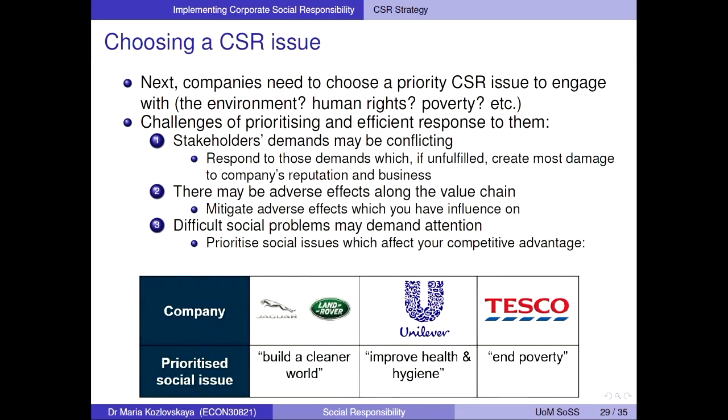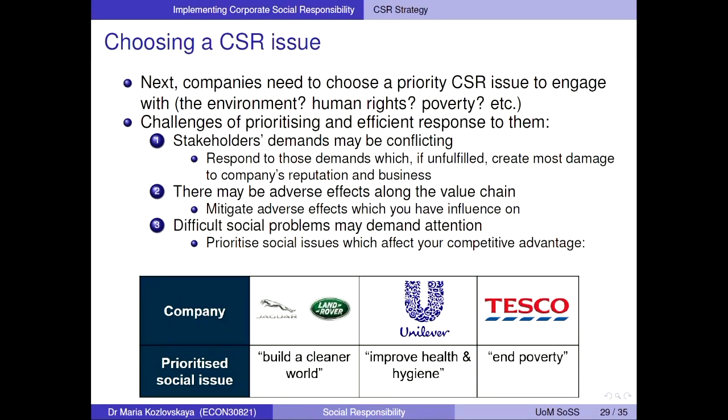So when you're choosing between causes, because you know economics is all about satisfying unlimited needs with limited resources, you need to think about several things. If your stakeholders have conflicting demands, of course you want to try and prioritize them, see which unhappy stakeholders are more dangerous for your reputation and business.